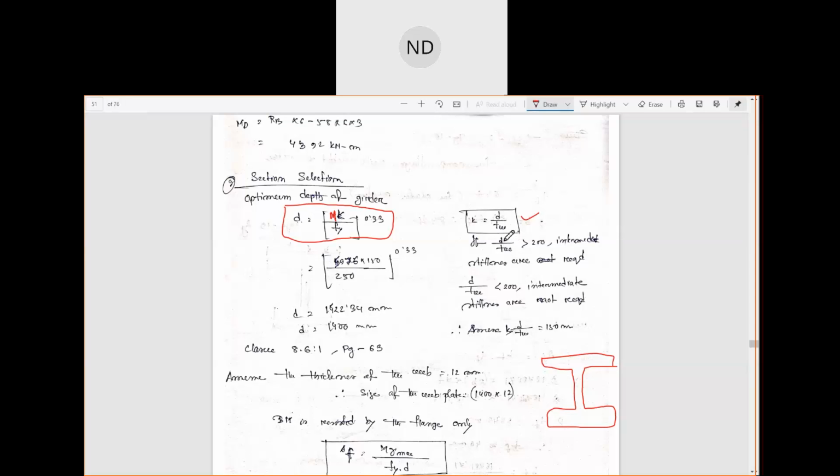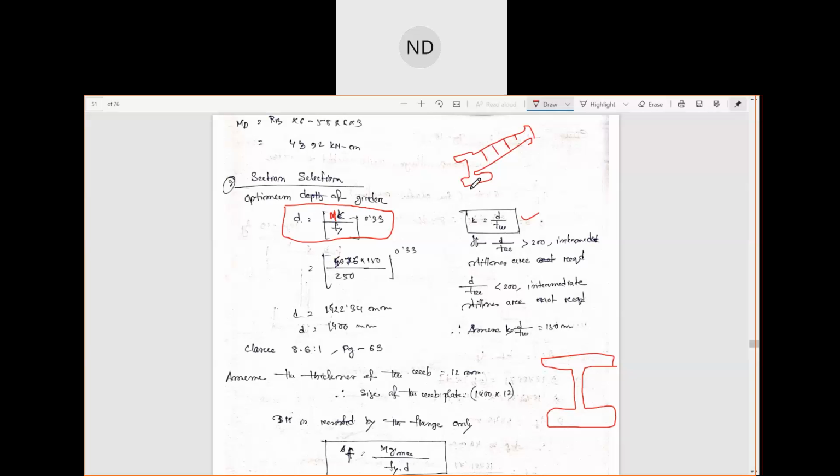D by tw is the depth to the thickness of the web, which we must know: if this d by tw is greater than 200, then intermediate stiffeners are required in your plate girder. The plate girder was what I showed you in the first class. No, this is the I section. If you see this in the side view, stiffeners may be used here, right?